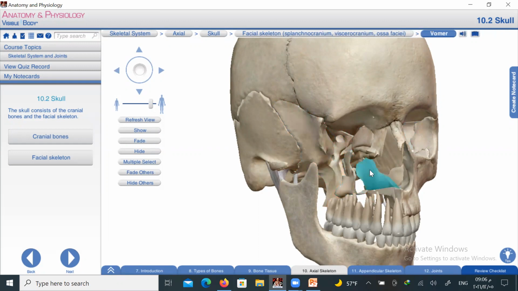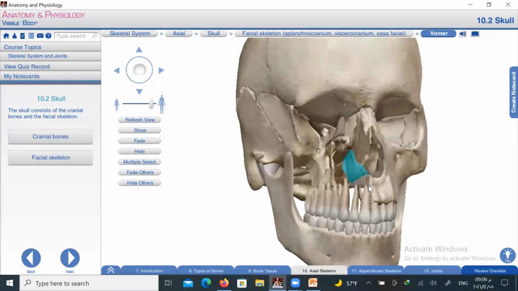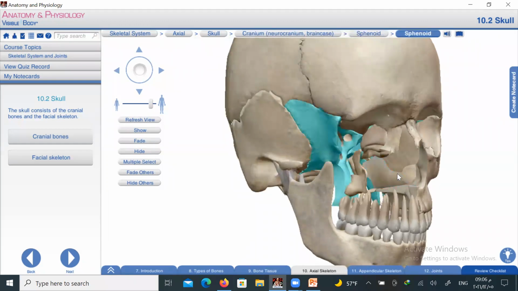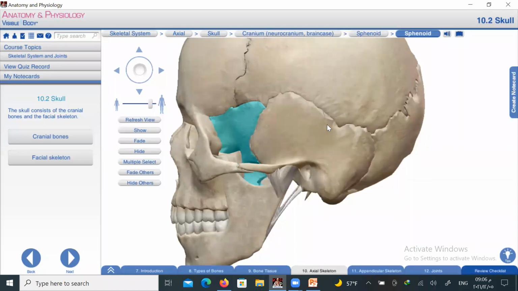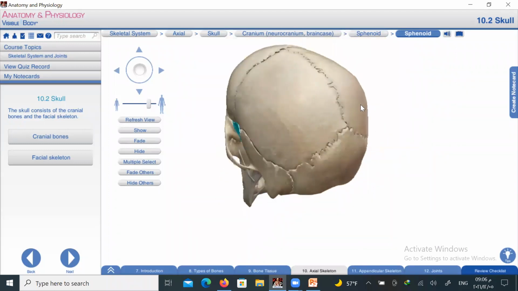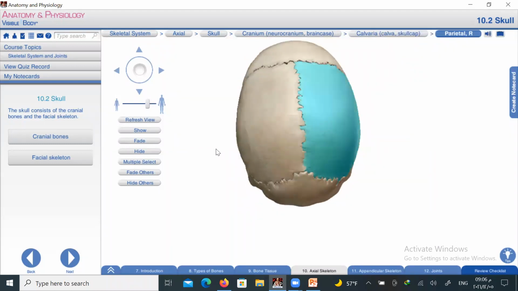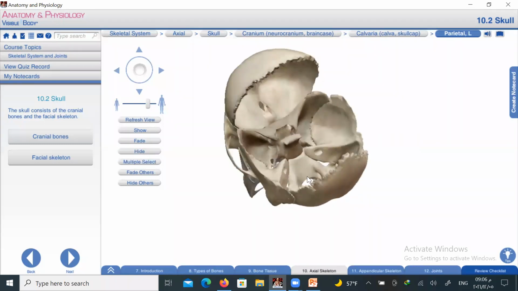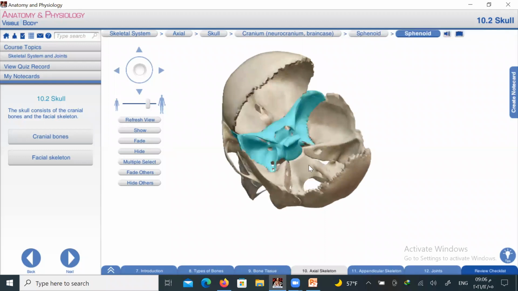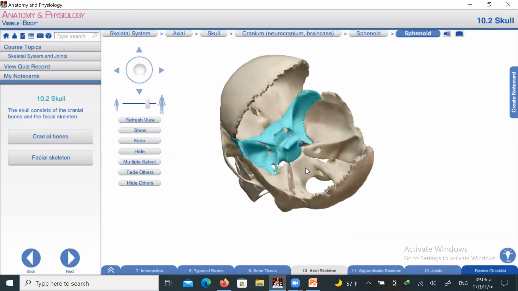And this is the vomer bone, which has articulation with the sphenoid bone. The last bone that has articulation with the sphenoid bone is the occipital bone, which is evident here. This is the parietal bone. Let's hide it and see the sphenoid bone in connection with the occipital bone.